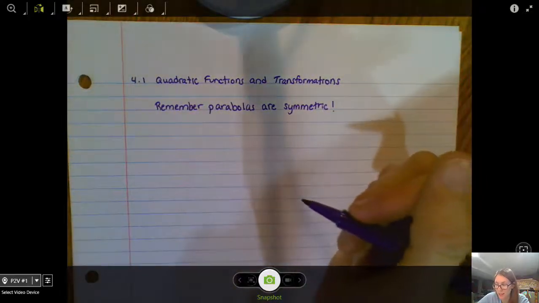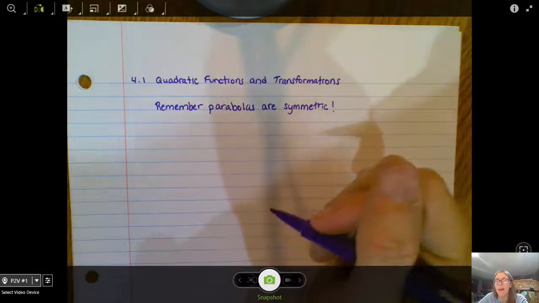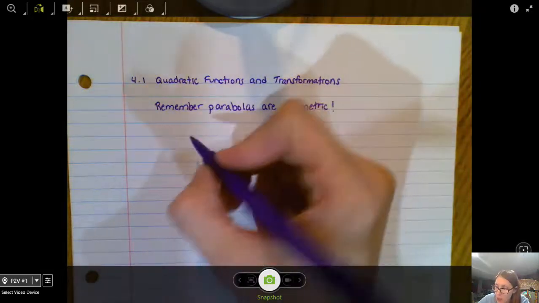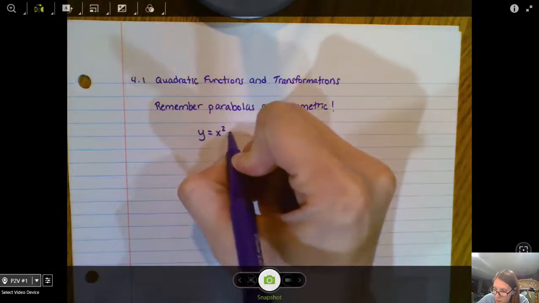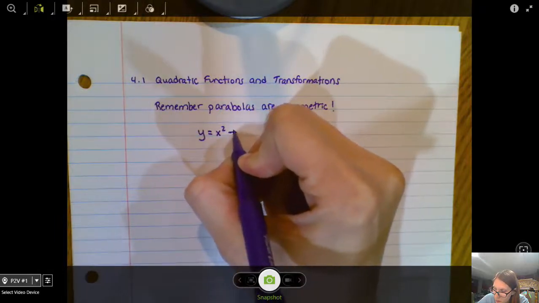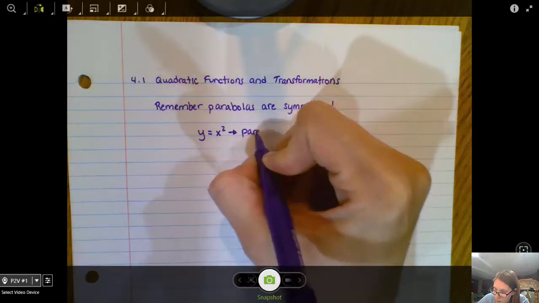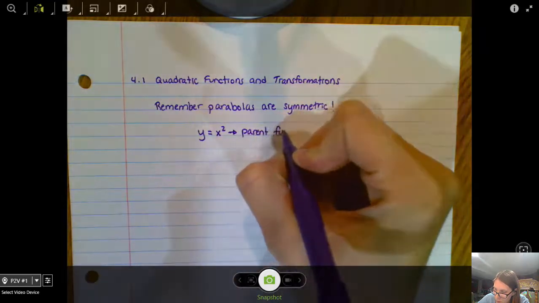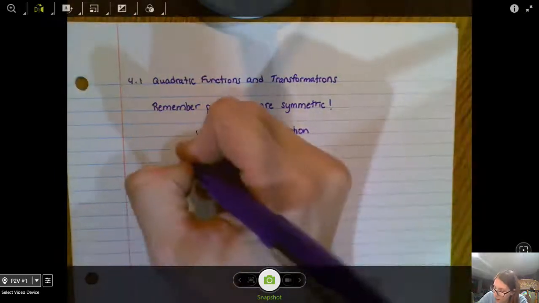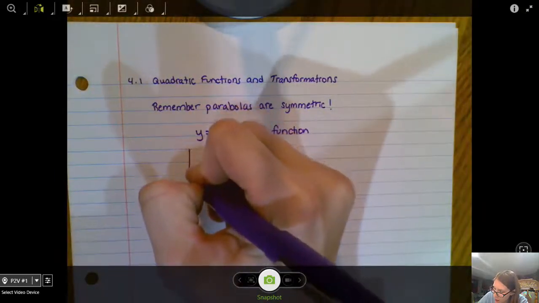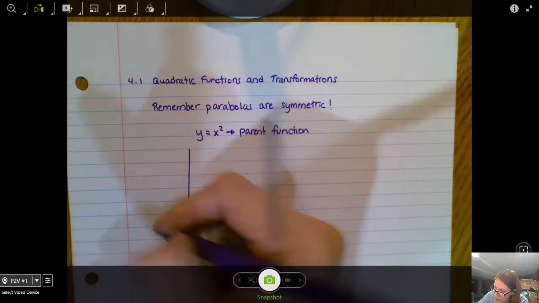Now, hopefully you guys can remember what our parent function for our quadratic looks like. Our parent function was y equals x squared. And I'm going to make a sketch here of what our parent function looked like.